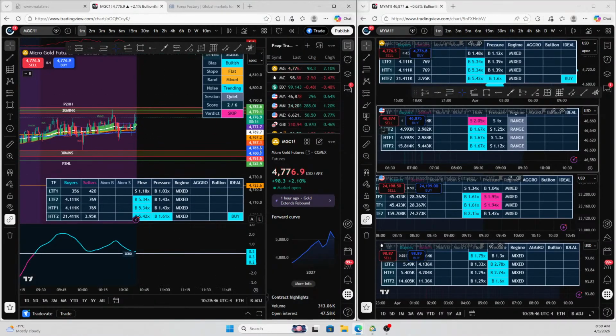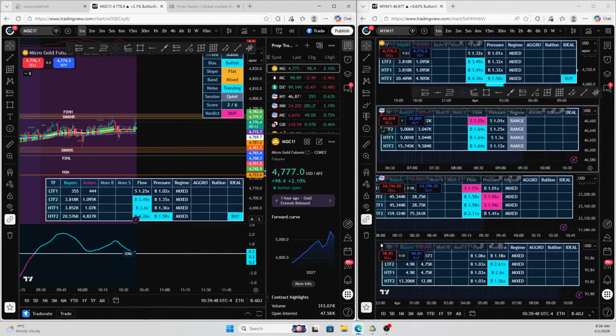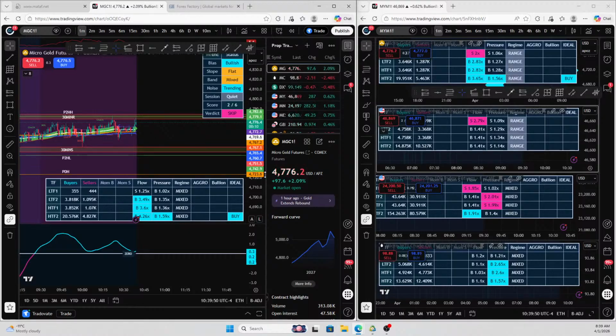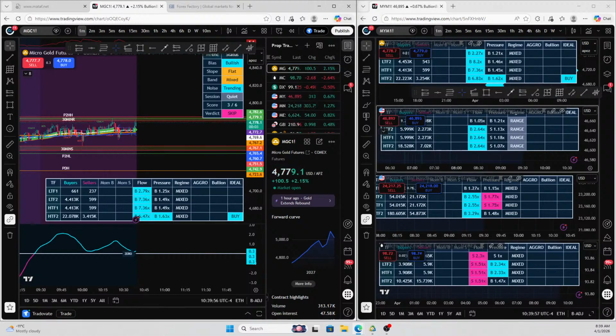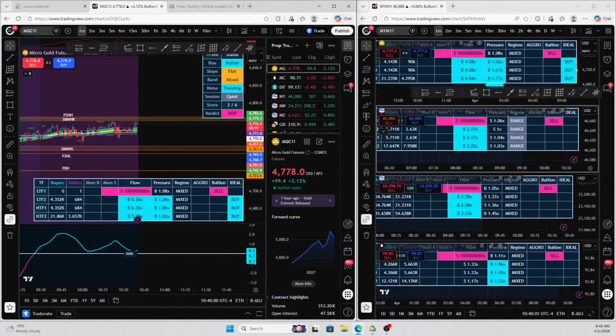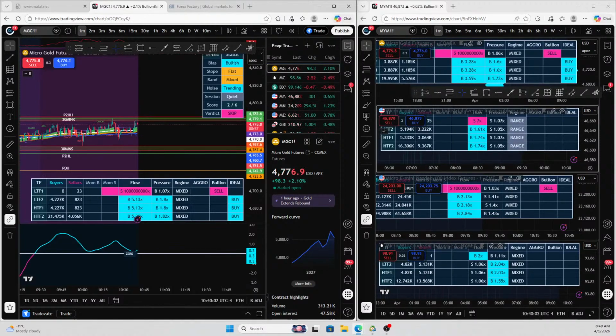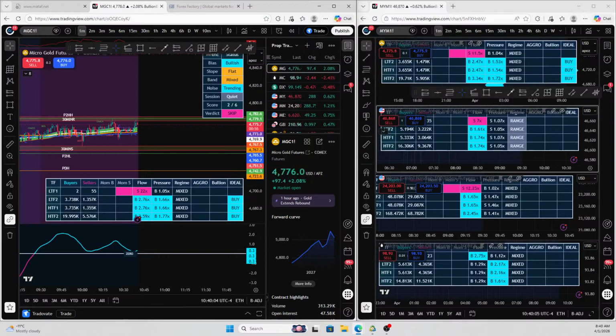Everything is pointing towards the bull side right now. But with this news, we still have escalation going on. So let's see what the volume tells us. But for right now, we're just waiting on the sidelines. We're not taking any trades. Yeah, we don't want to rush the process.